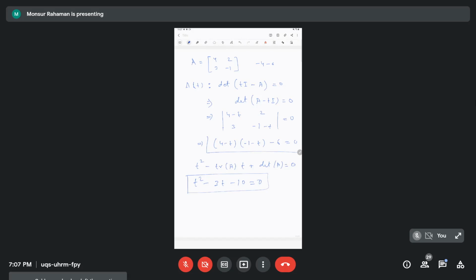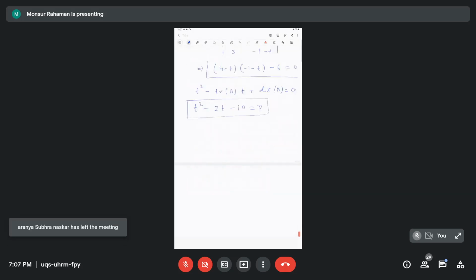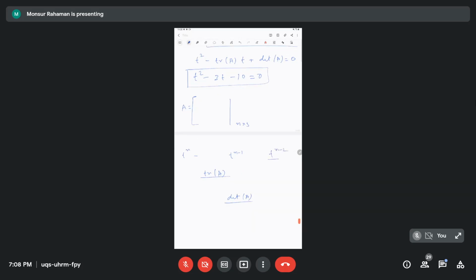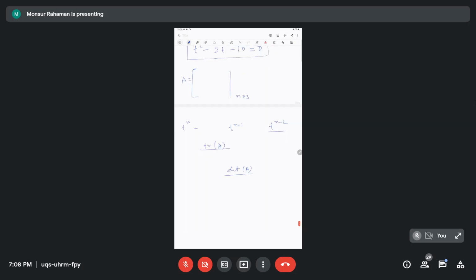For any square matrix of any size, suppose A is an n by n matrix, the coefficient of t to the power n minus 1 will always be the trace of A, and the constant term will always be the determinant of A, up to sign. This is always the same. The other terms will be different.